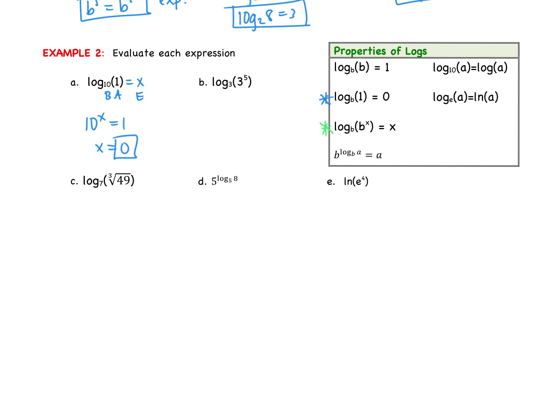Probably relates to this second property. X is the exponent. So we know that that log is going to be equal to 5. Now, that's helpful if you memorize the property, but if you don't, here's how you would go about that. You're going to set the log equal to x, and then you're going to switch forms. So we have base, argument, exponent. So we would get 3 to the x equals 3 to the 5th. Hence why x equals 5. So I will be honest, I don't memorize these properties because I don't think it's very helpful. I would just switch forms.